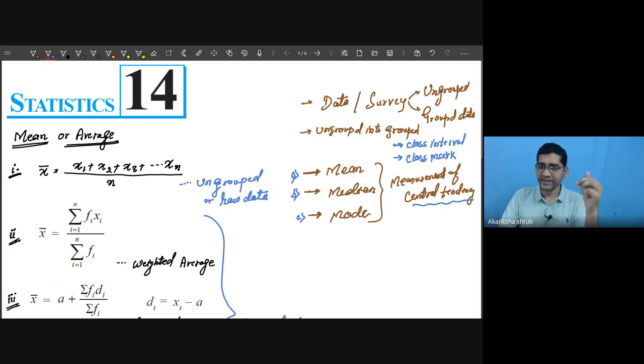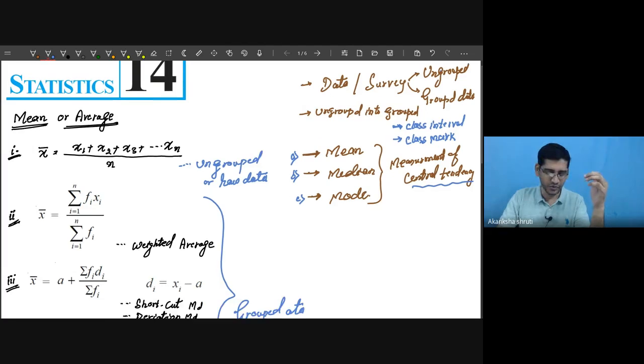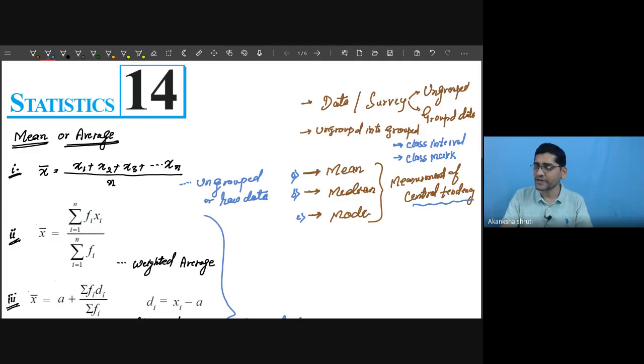The data that we can analyze in statistics may be in the form of ungrouped data or in the form of grouped data. If it is ungrouped data, means data collected as it is, then its mean can be calculated by adding the observations or data and dividing it by the number of observations. So the formula number 1 is applicable.